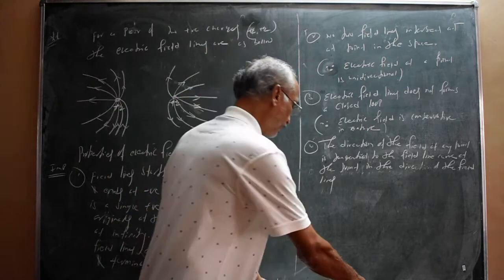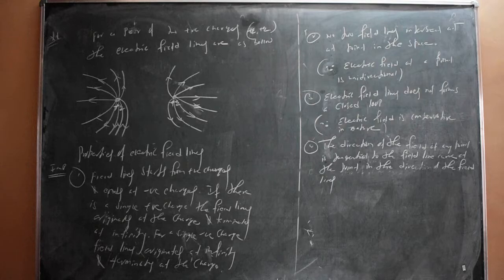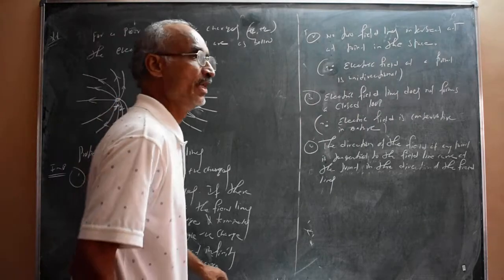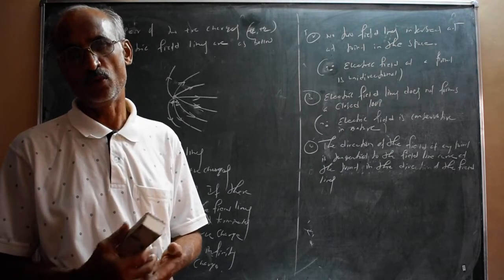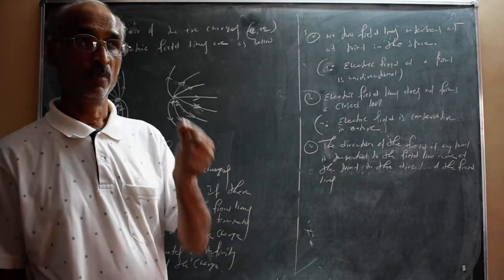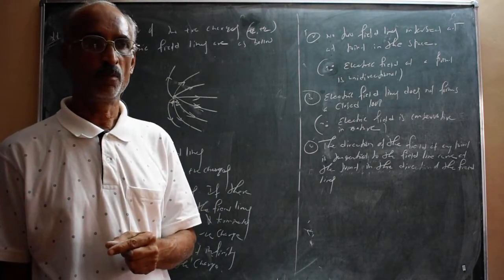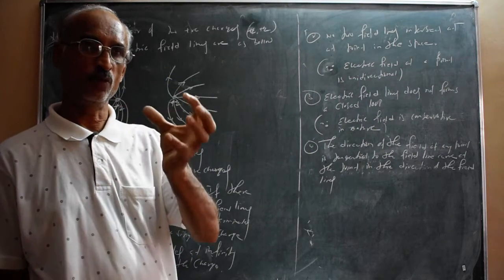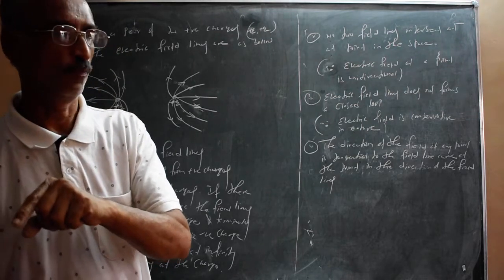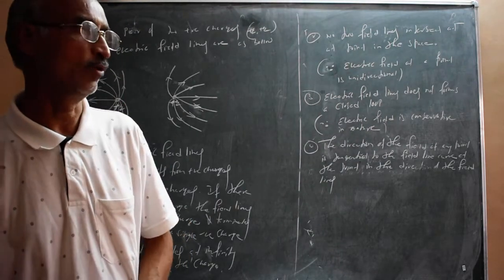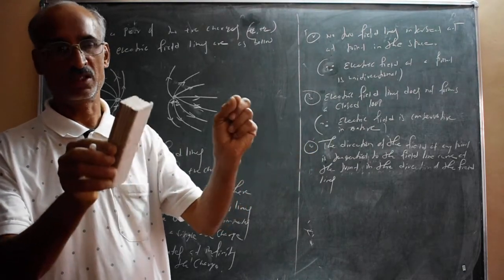Now let us come to the next, important section, dipole. Let us define dipole. What is a dipole? A dipole is a pair of charges with equal magnitude and opposite polarity. Means two charges with the same magnitude, say 2 nanocoulomb each, but one is a positive charge and the other is a negative charge, kept in space with a certain separation between them.